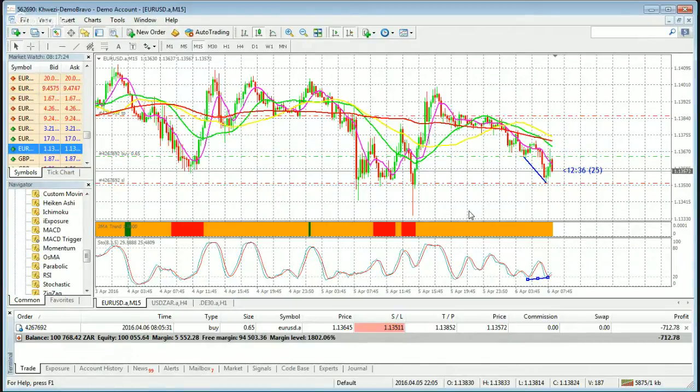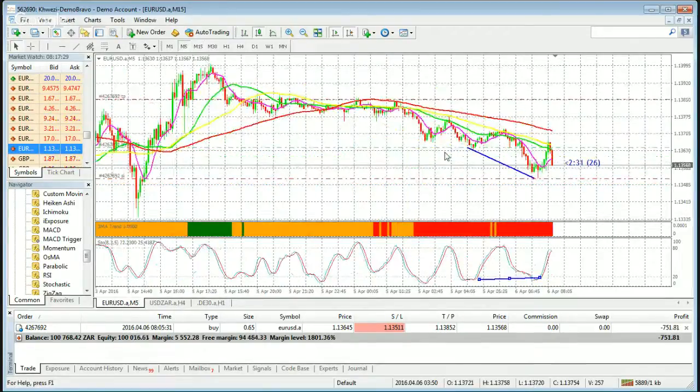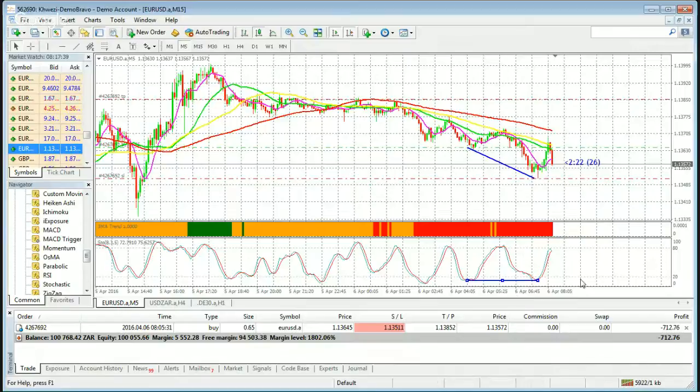There was that slight divergence that we found on the 15, and it actually confirmed. It didn't confirm on the 5, but it did confirm on the 15. So there's nothing really on the 5, but there is slight divergence on the 15.